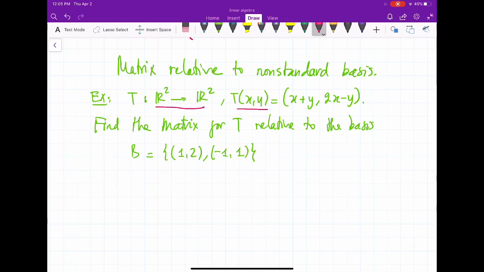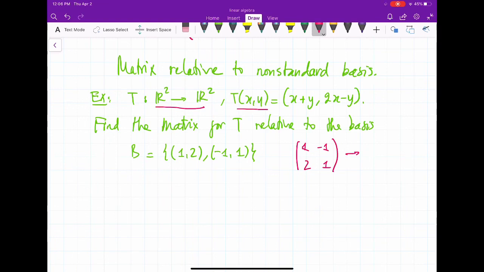They ask us to find the matrix for T relative to the basis B. It's obvious that B is a basis for R2. Why? Because the matrix 1, 2, negative 1, 1 is invertible. This matrix has non-zero determinant, so B is a basis for R2.